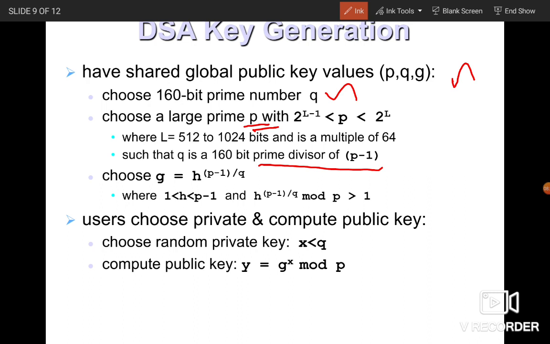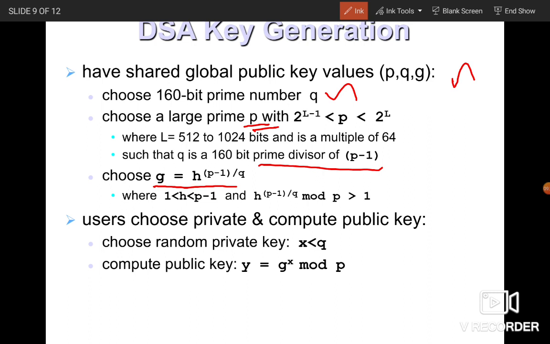By using P and Q, we can calculate G. So the formula for calculating G is G equal to h power P minus 1 by Q, where h is any value which lies between 1 to P minus 1. Okay. So thus we have shared the global public key values P, Q, G between the sender and the receiver.